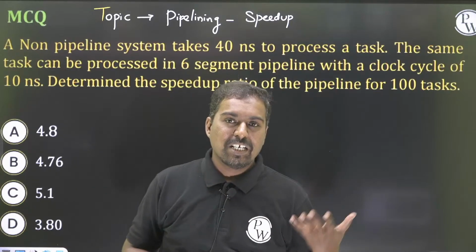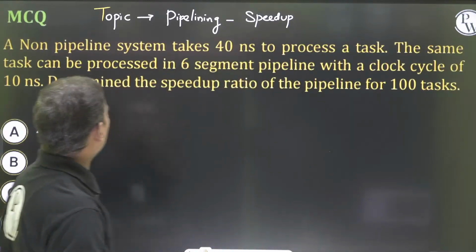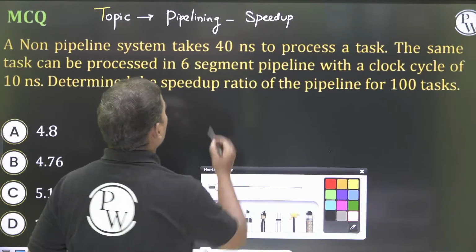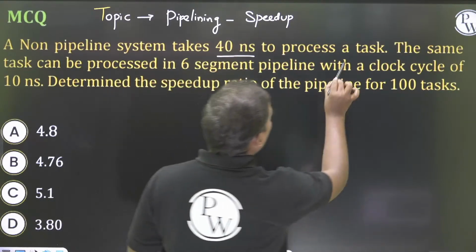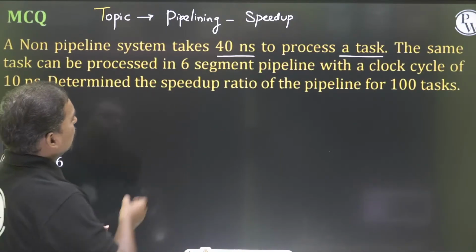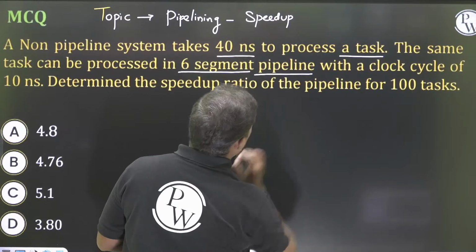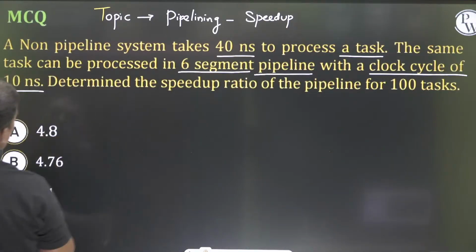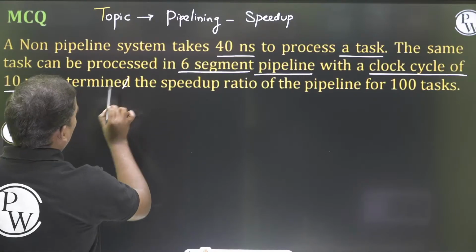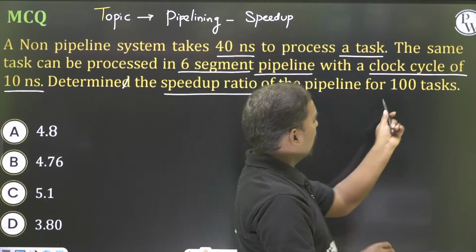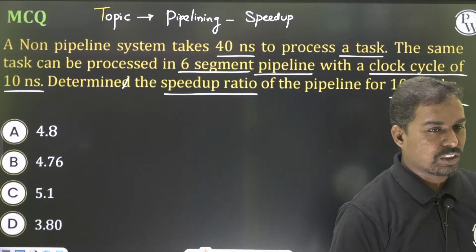He is asking what the speed up ratio is. See the question: a non-pipeline system takes 40 nanoseconds to process a task. The same task can be processed in a 6 segment pipeline with a clock cycle of 10 nanoseconds. Determine the speed up ratio of the pipeline for 100 tasks. So how to answer this question?